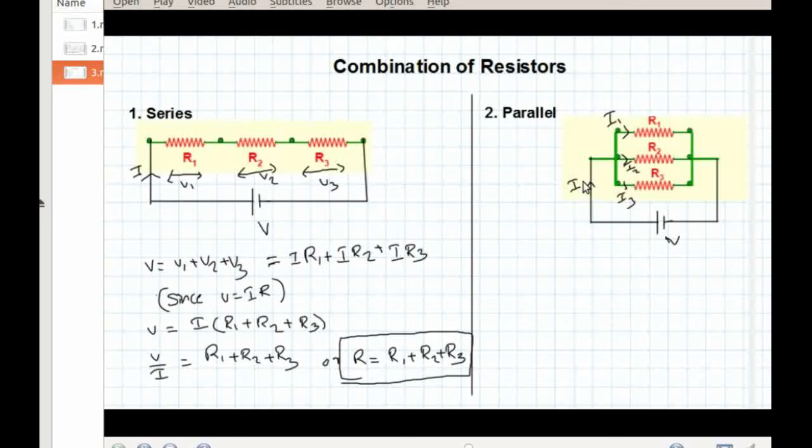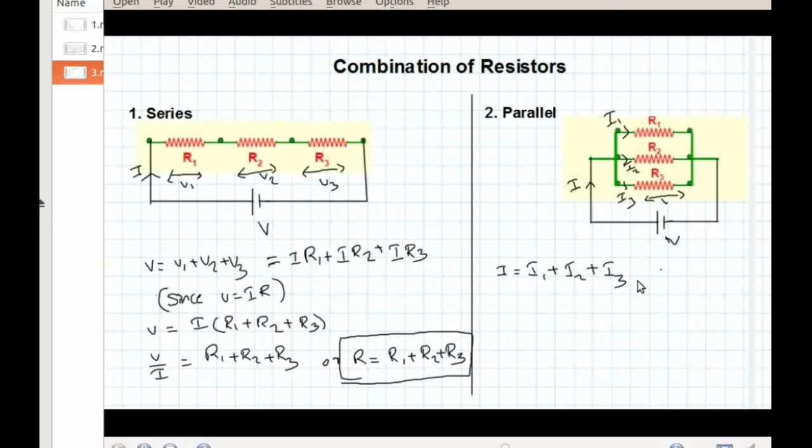So when the current I branches out as I1, I2 and I3, I1 will flow through R1, I2 will flow through R2 and I3 will flow through R3. And for all the resistors the potential will be same, always the potential is V. Now we have I is equal to I1 plus I2 plus I3, right?